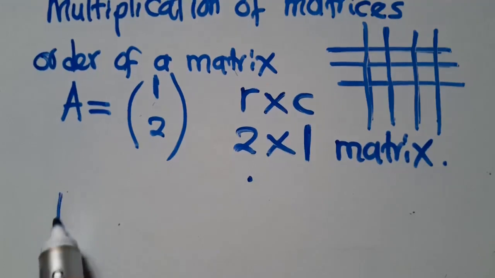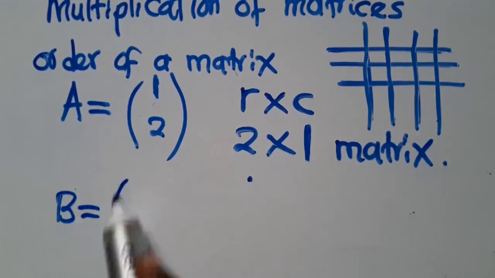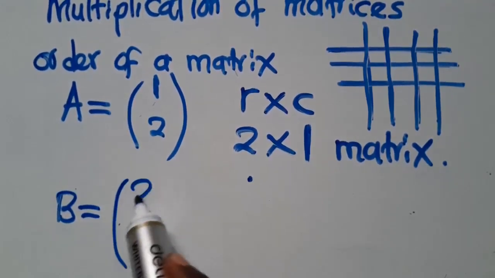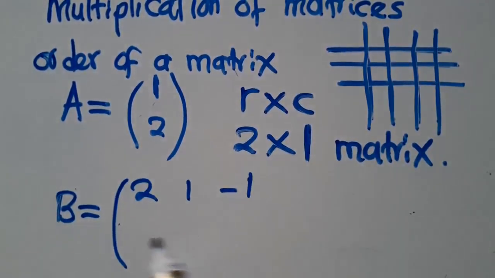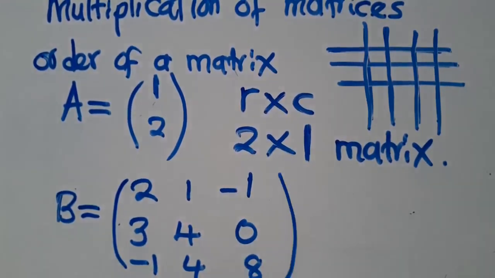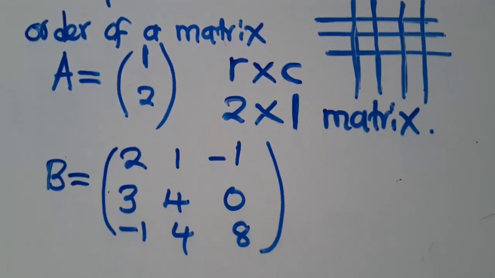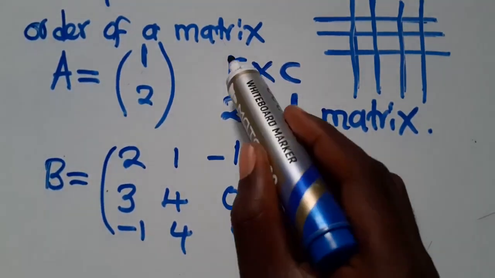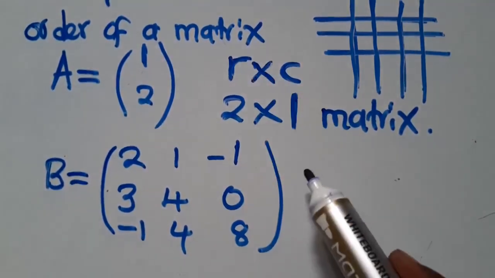Let's say you are given this matrix. Then you are told to state the order of the matrix. The same way I've started, that's the same way you need to start.